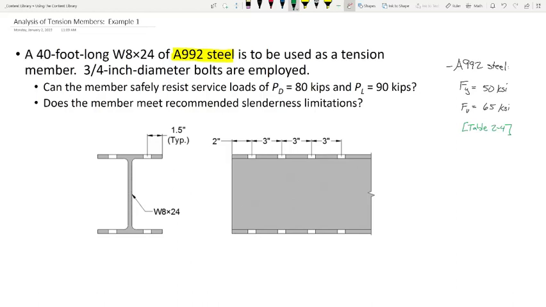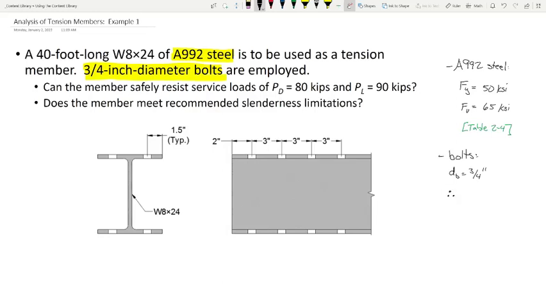Now, let's look at the 3/4 inch diameter bolts next. So, looking at the bolts, we have a bolt diameter of 3/4 of an inch.